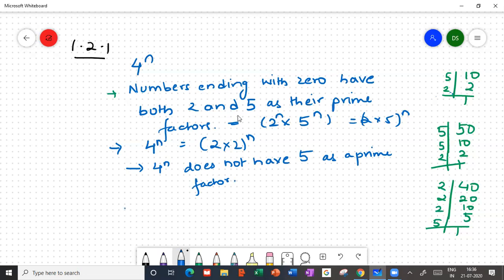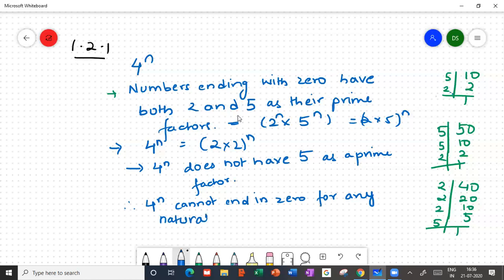Therefore, 4 to the power n cannot end in 0 for any natural number n. Okay, this is how you write it.